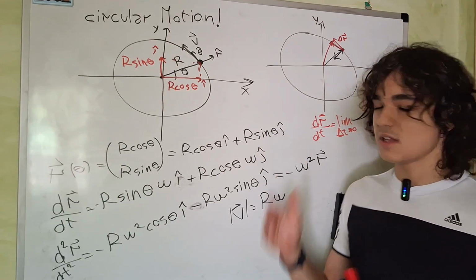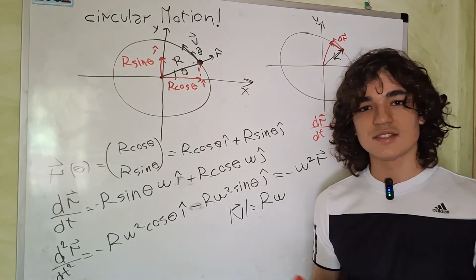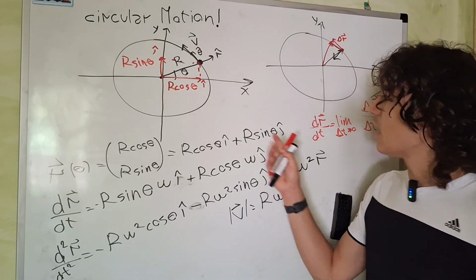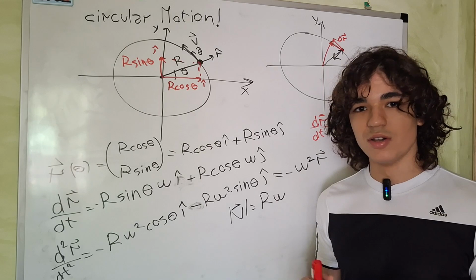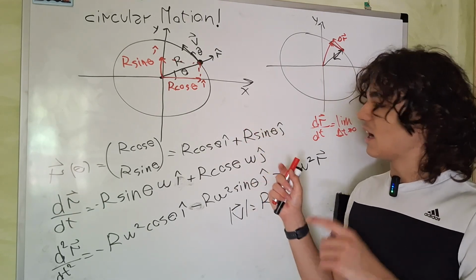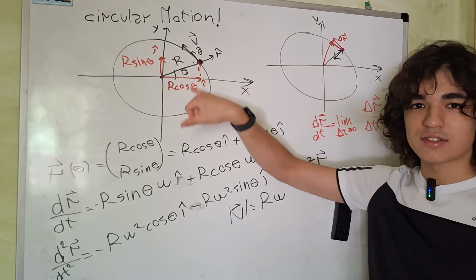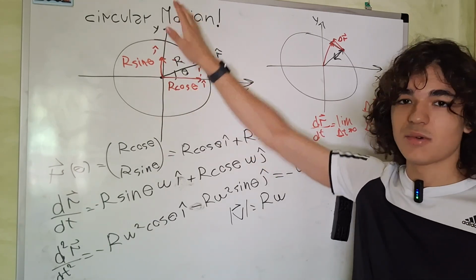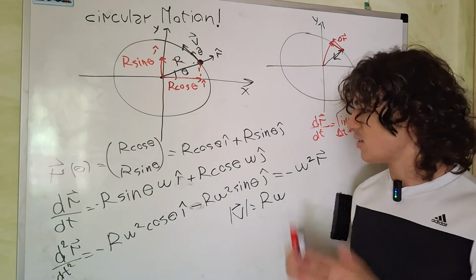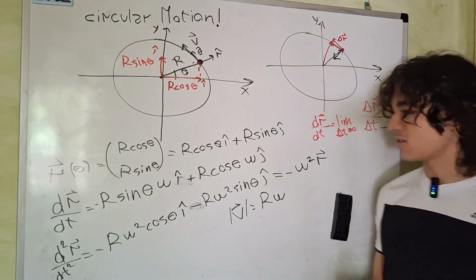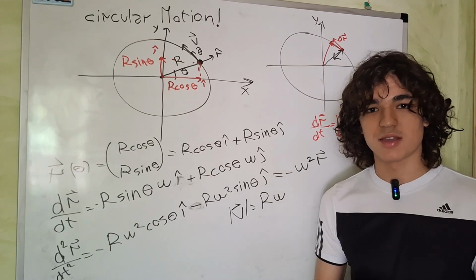If its magnitude is kept constant but its direction changes, then we have a change in velocity because velocity is a vector. Or in other words, even though the magnitude is not changing, the velocity along the x-axis is constantly changing, and along the y-axis is constantly changing. So this is what's important about circular motion, and this turns out to be important for every motion we try to describe.